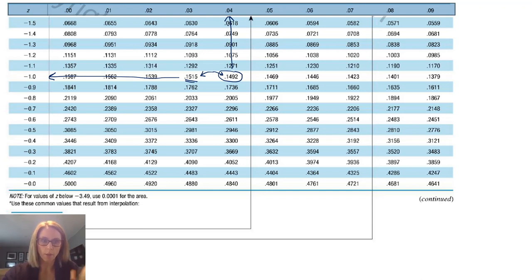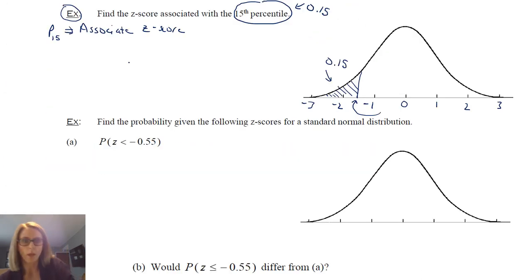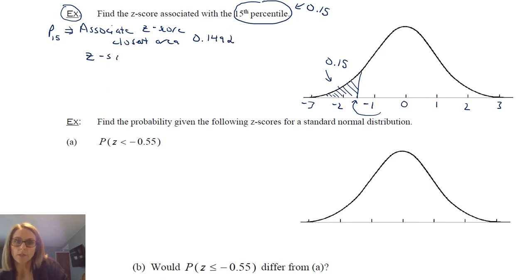So let me put a note here. The closest area is 0.1492, but the z-score that we found is negative 1.04.